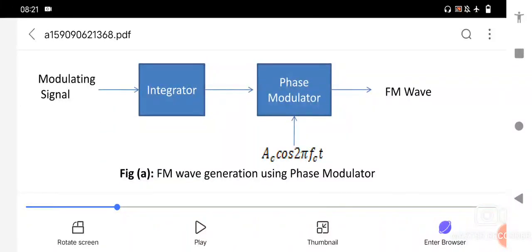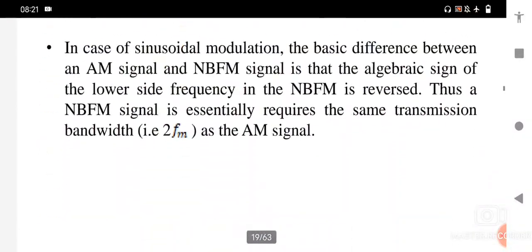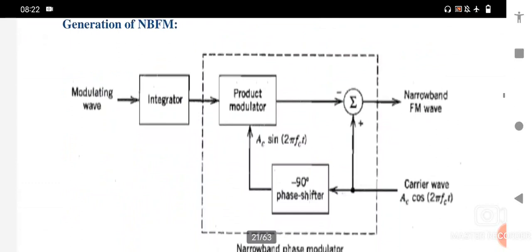Here is FM wave generation using the phase modulator. We have two circuits: one is the integrator circuit and the second is the phase modulator circuit. The integrator circuit takes the modulating signal. The resultant of this integrator is given to the phase modulator circuit. The phase modulator circuit has one more input, that is AC cos 2 pi fct, and the resultant signal is the FM wave. Like this we generate the signal.